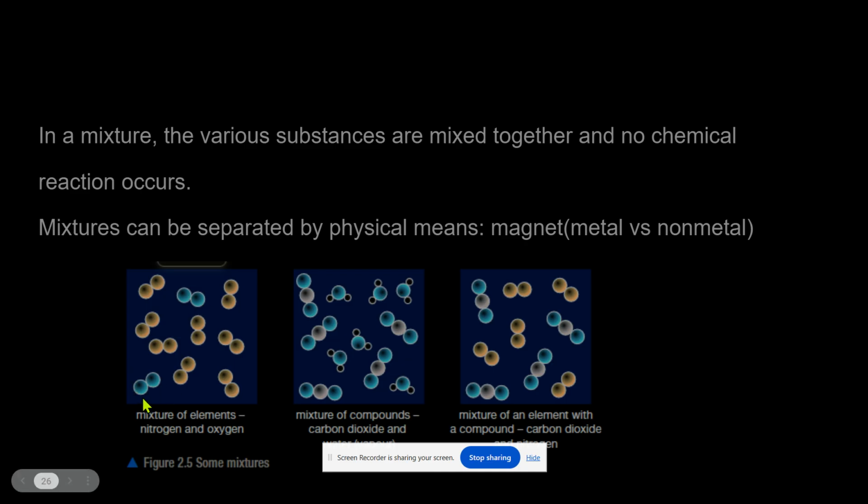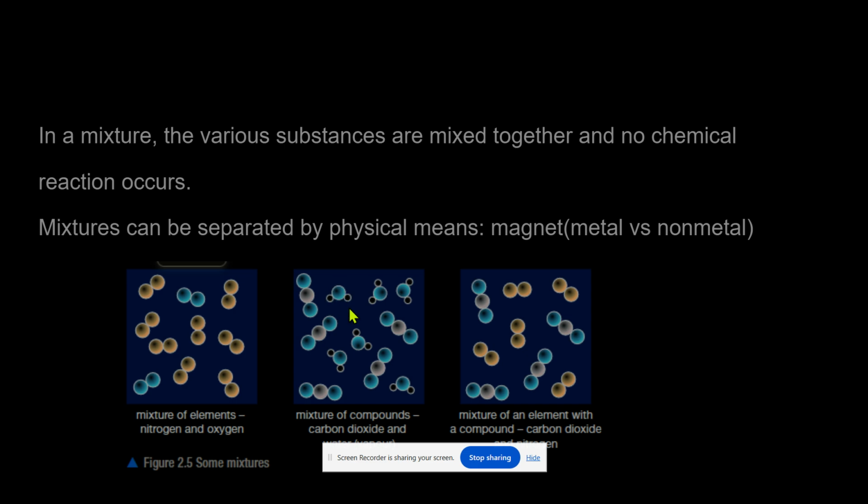Nitrogen, it's pure, it's an element. Oxygen, it's pure, it's an element. You need to look at the individual molecules to see if it's a mixture, compound, or element. This is simply 2 elements mixed together. It's a mixture of 2 elements, nitrogen and oxygen.